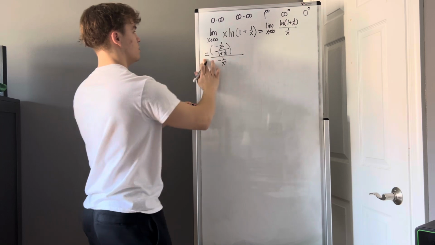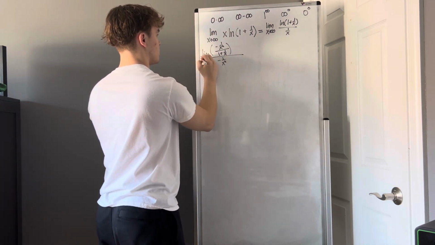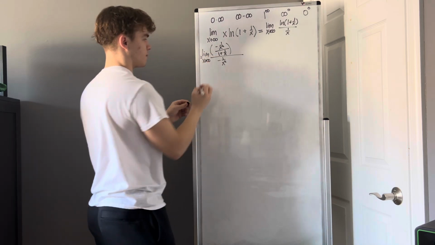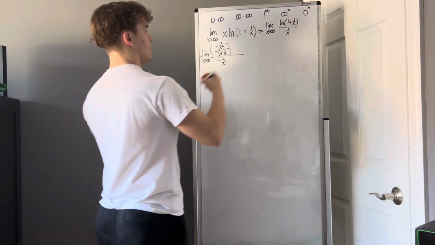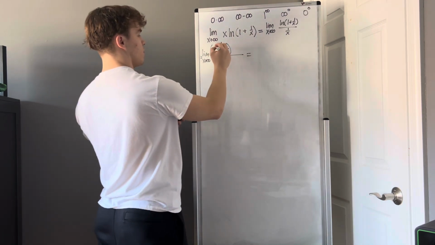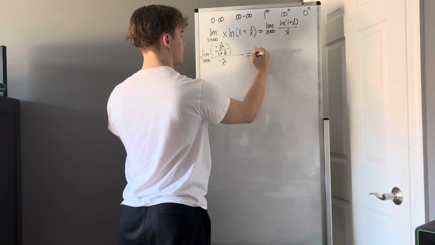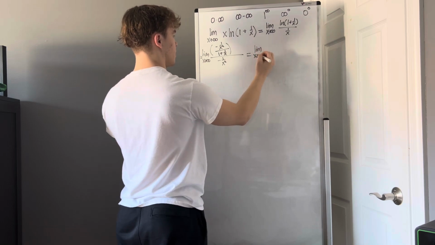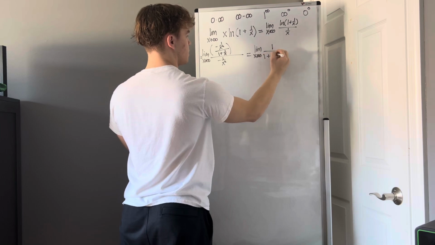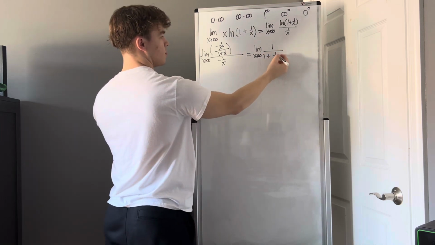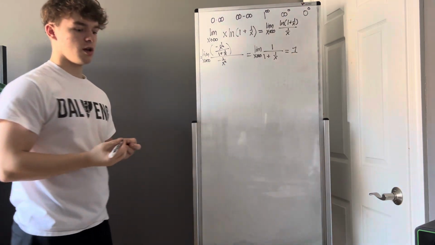Oh, I forgot my limit notation. What we have now, these negative 1 over x squareds will cancel. We will get the limit as x approaches infinity of 1 over 1 plus 1 over x. This will become 0. We will get 1 over 1, which just gives us 1.